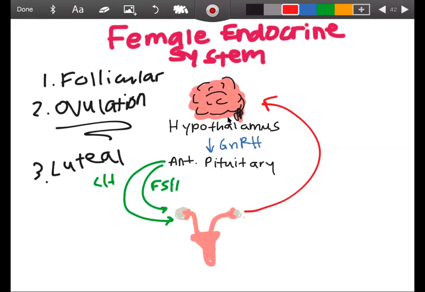So that is a very brief recap of the female endocrine system. I would refer back to the video because it's very helpful. And I would just be familiar mostly with the specific hormones that are used in each of these processes, and also knowing about the follicle that's in the female endocrine system.